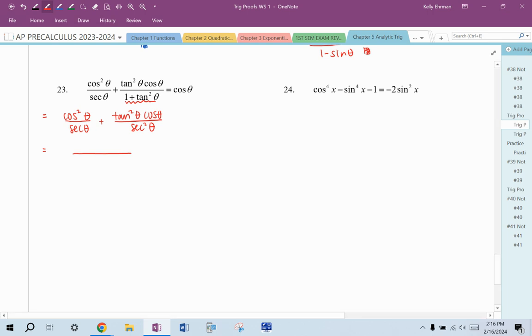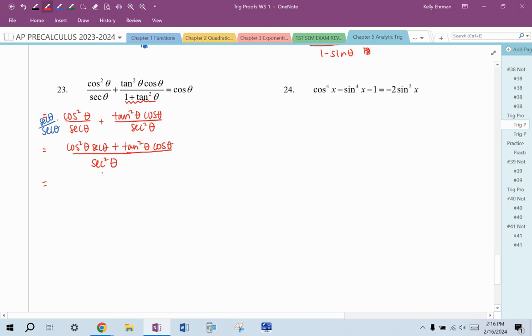But I'm noticing that I have a secant and a secant squared, so I could get a common denominator, secant squared theta. So this cosine squared, to get the common denominator, needs to get multiplied by secant theta, not secant squared. So that would be cosine squared times secant theta. And this already has the denominator, so I'm going to write down plus tangent squared cosine theta.